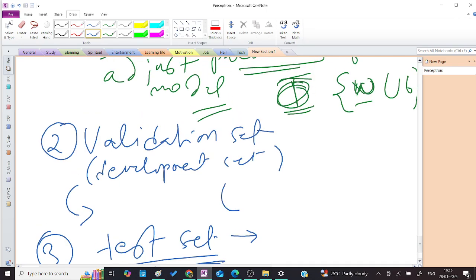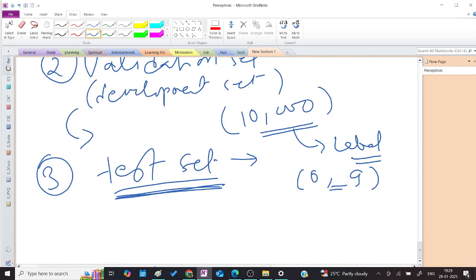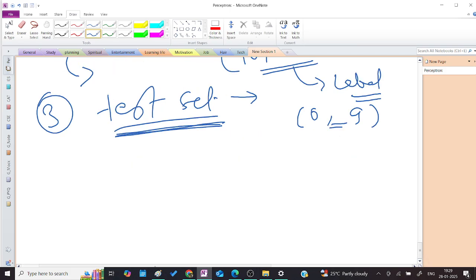For MNIST, this validation set is around 10,000 images, and each of these images has one label. For MNIST, this label can be 0 to 9, right? So we also say that it is the true value. So this all was about the dataset.